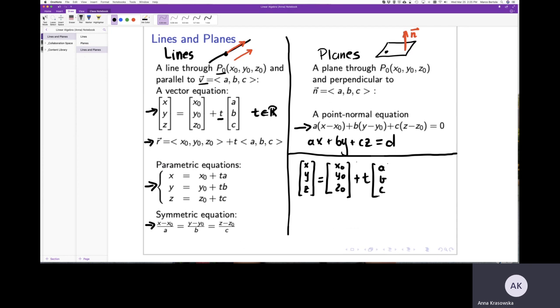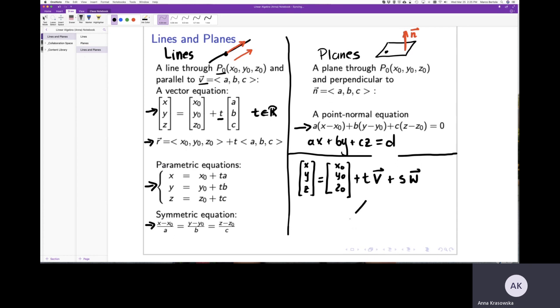I should not write ABC because ABC is already used. I will write simply vector V plus s vector W, so without any components.